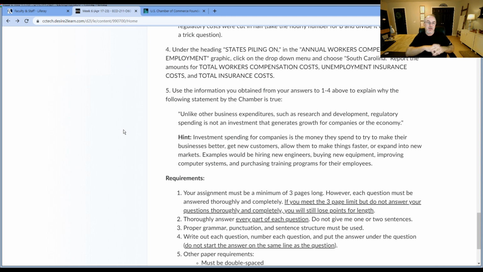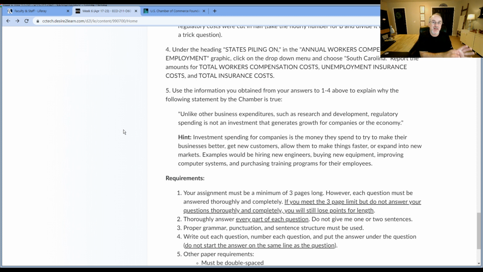All right, so businesses spend money on things that help them grow their business and benefit the economy, like maybe researching a new product, maybe hiring new engineers to design a new add-on to a car, okay? But regulation cost, the cost we pay to keep up with the government's rules, don't fall into that investment category.